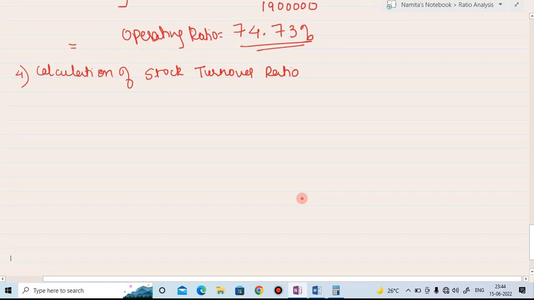Now to calculate stock turnover ratio, the formula is cost of goods sold upon average stock.